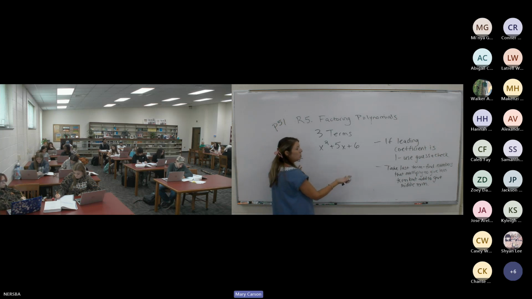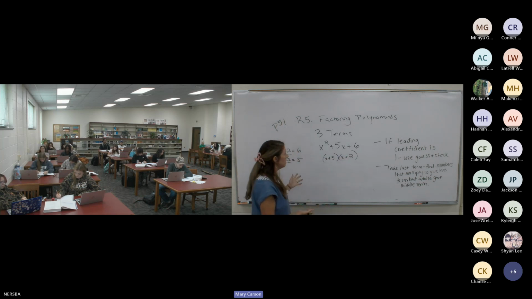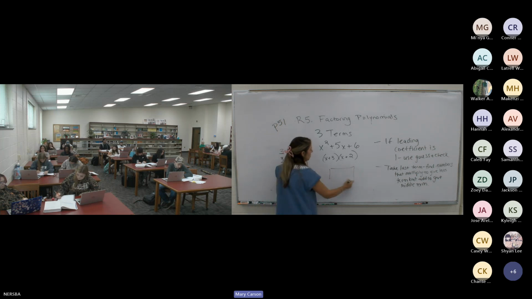So what I can do, I don't have to do the reverse box or anything like that. I can just come up with my two factors. It's going to be x plus 3, x plus 2. If I checked it, it would be correct. If I did the box, watch. X plus 3, x plus 2, x squared, 3x, 2x, 6.